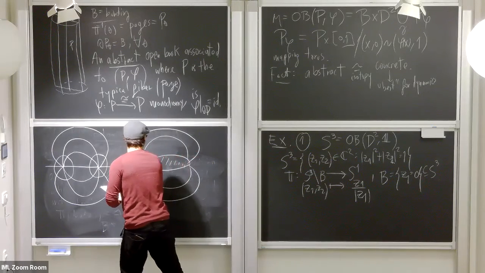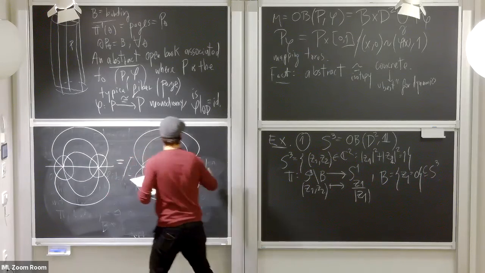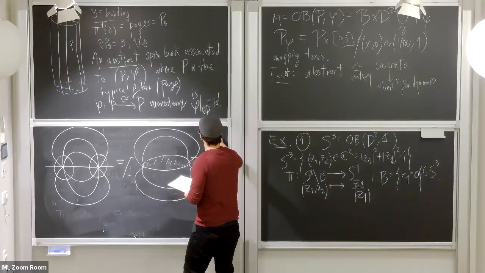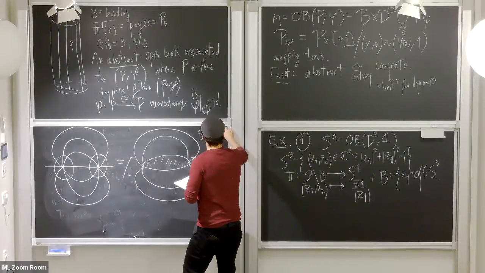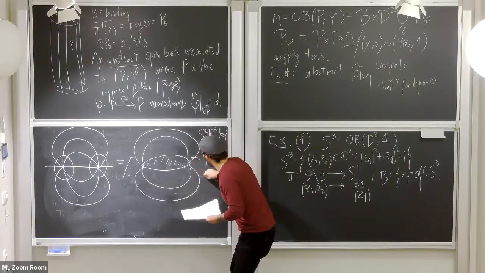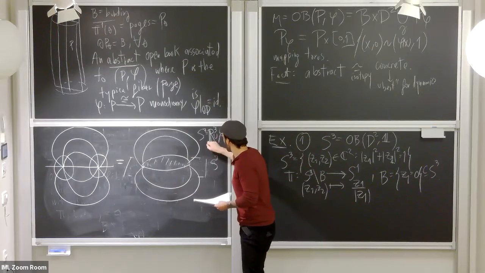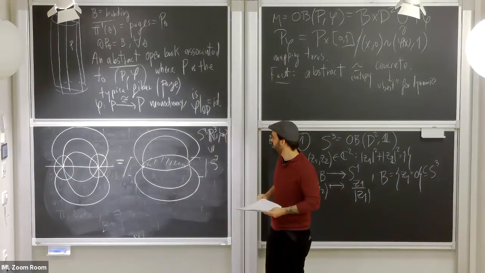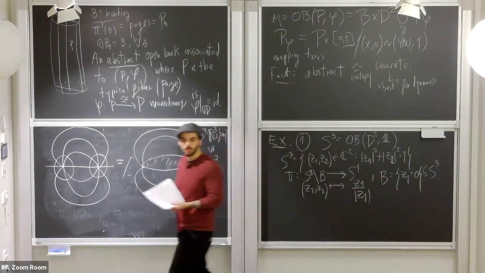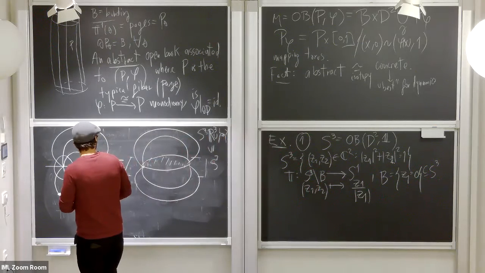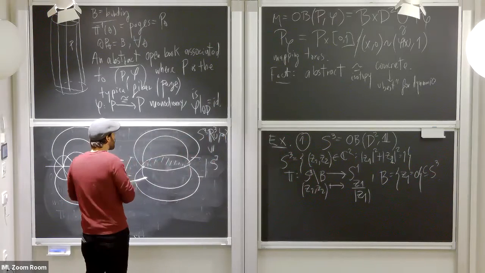So here's the plane in S3. In S3, I'm just thinking in terms of adding a point at infinity to R3. So here, the plane compactified is precisely S2, sitting inside S3 as the equator. So this is the trivial open book on S3.